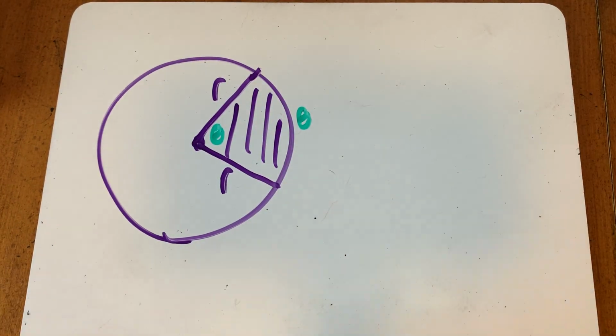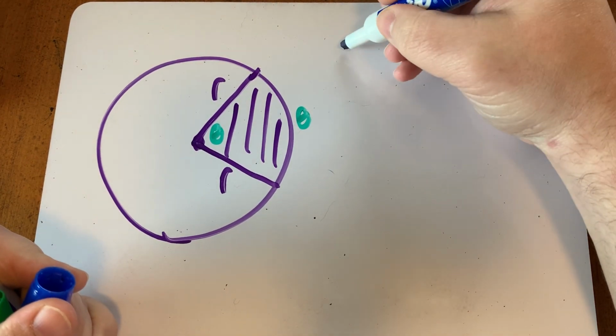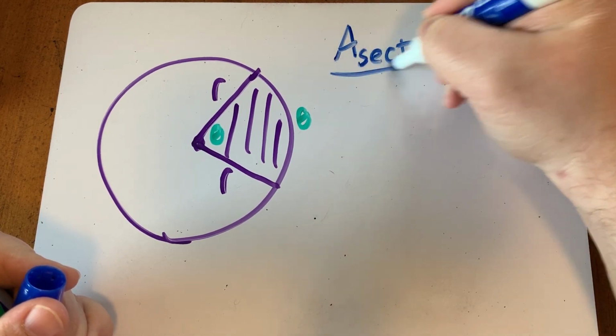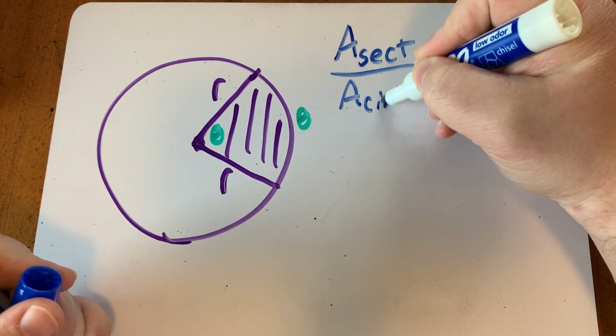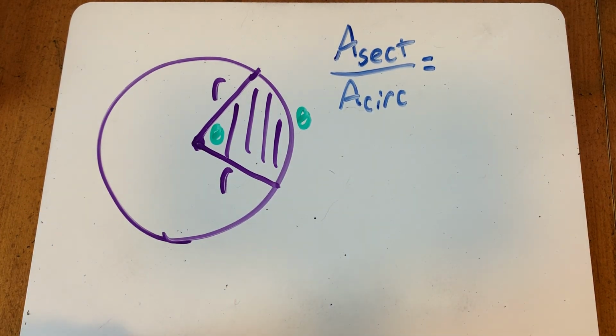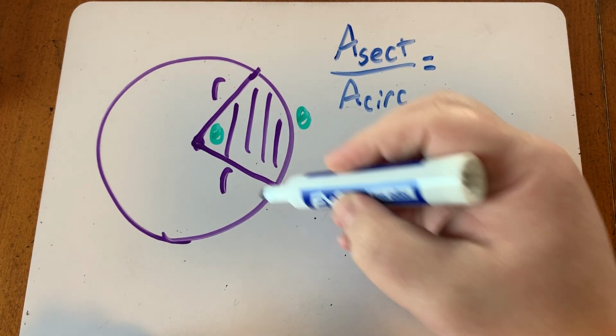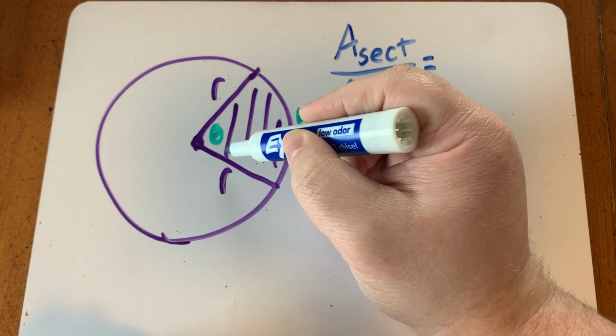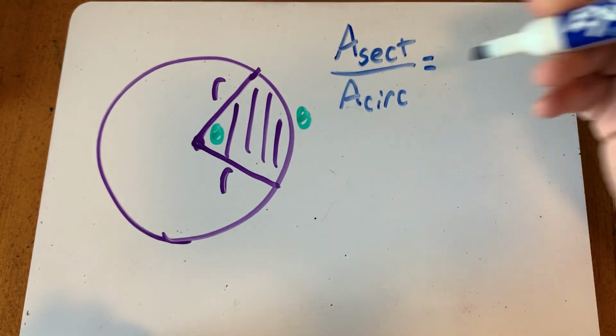is proportional to the area of the circle. So the area of the sector to the area of the circle is equal to, and it is in proportion to, the ratio of the central angle to the entire circle.